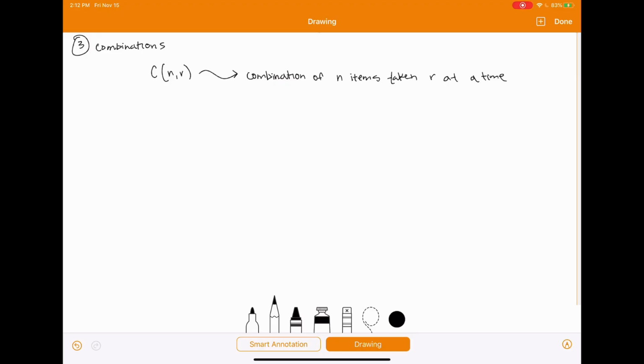And the equation for this is going to be N factorial all over R factorial times N minus R factorial.